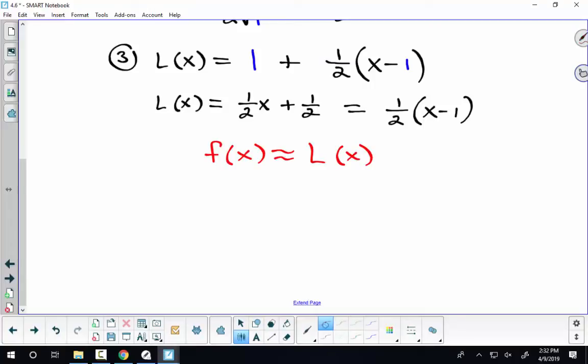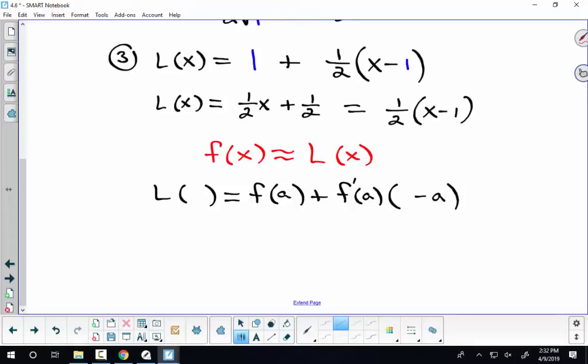Also note that, just as a general thing, the thing that we input into our linear approximation only goes right here, because a is fixed. f of a is a number, f prime of a is a number, and a is a number, right? So whatever you plug in only goes right there.